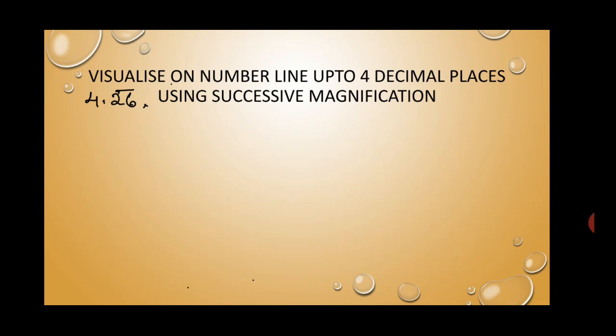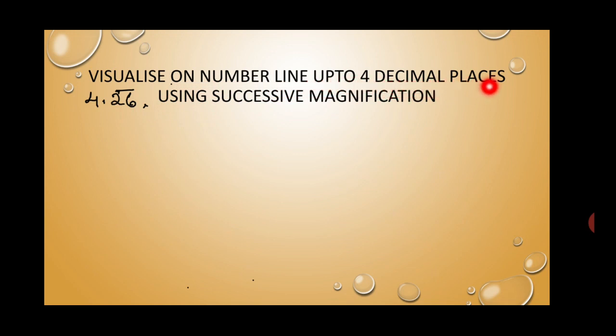Second question, visualize 4.262626 on and on on the number line up to 4 decimal places using successive magnification. Again, what is the given number? The number is 4.26 on and on, 262626, like that.